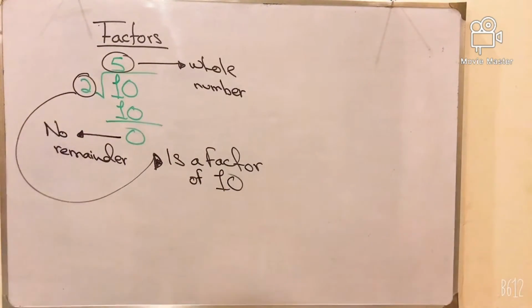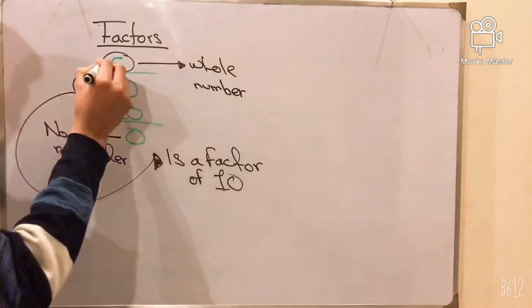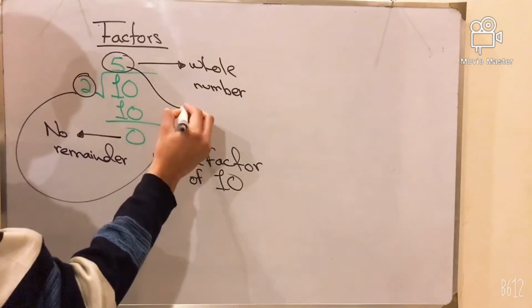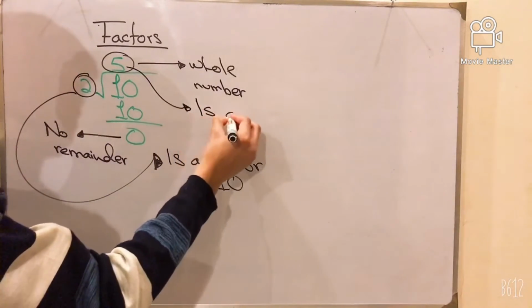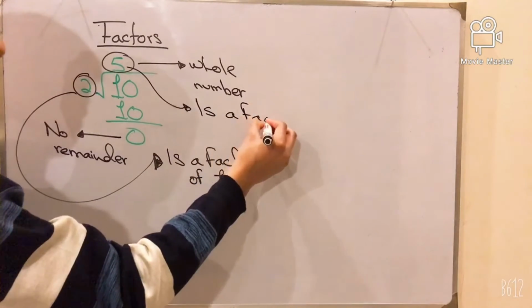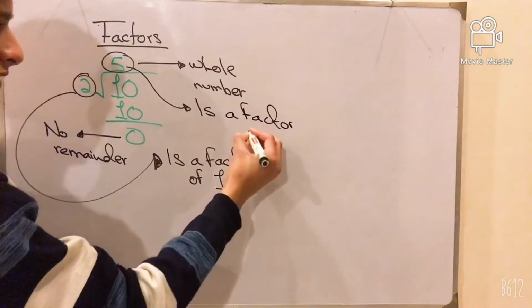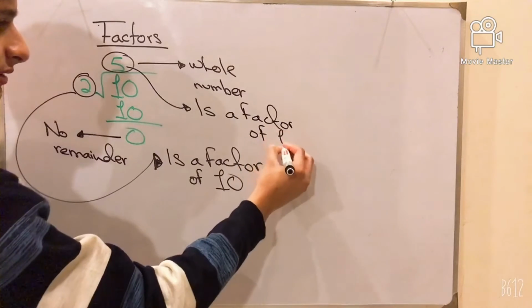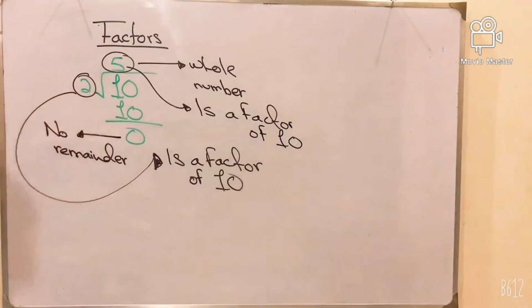And we will also say that 5 is also a factor of 10, because if we divide 10 by 5 we will get 2 and the remainder will be 0.